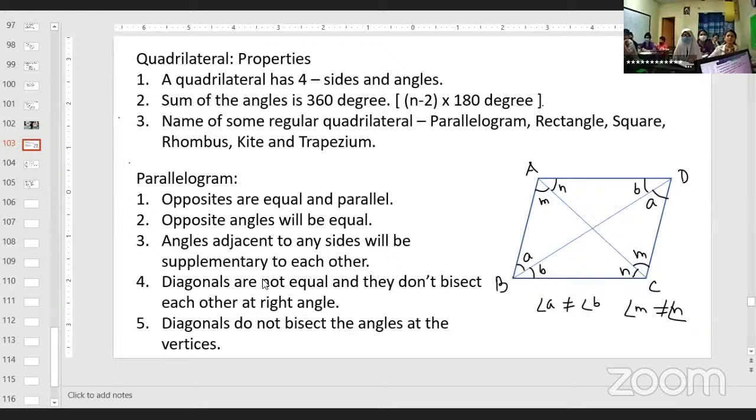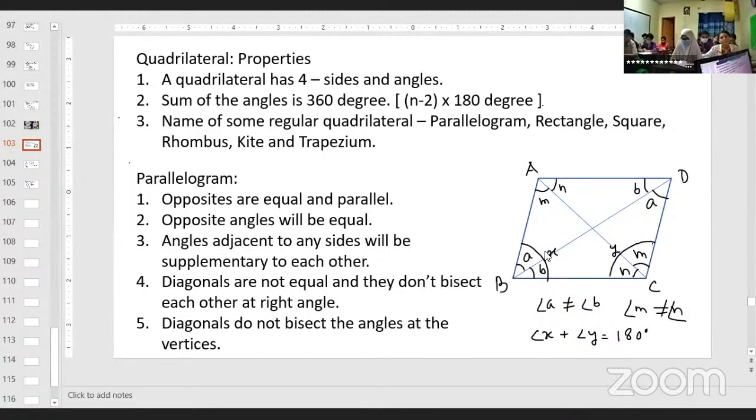Angles adjacent to any side will be supplementary to each other. That means this angle and this angle, the sum of these two angles will be 180. If this one is x, then this one is y. So x plus y will be 180.